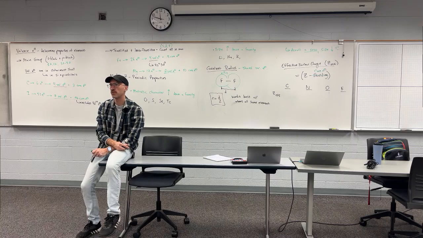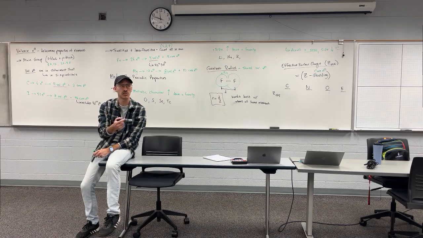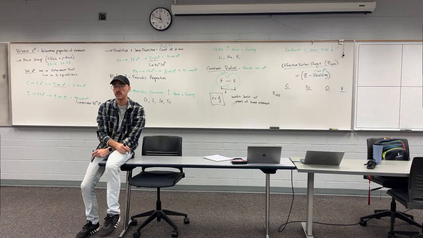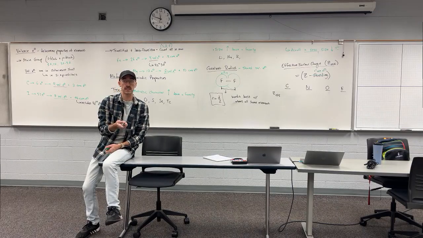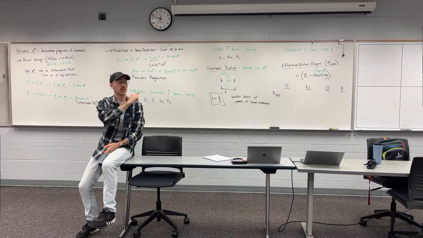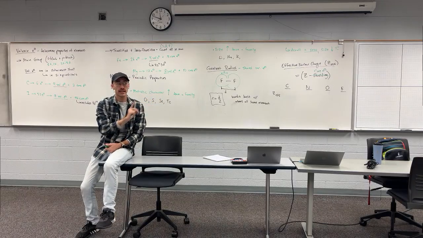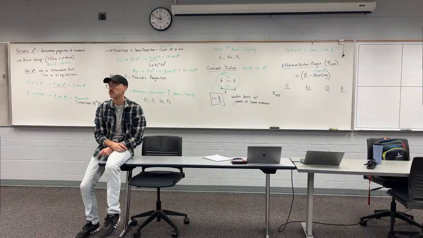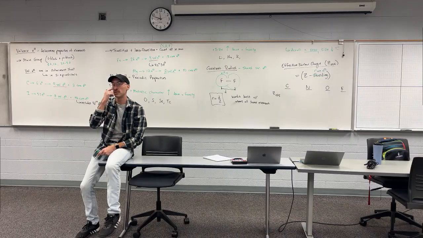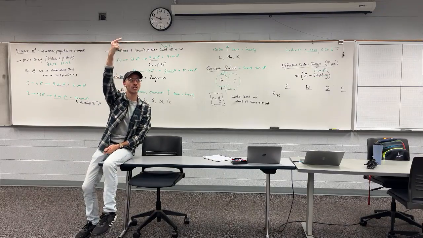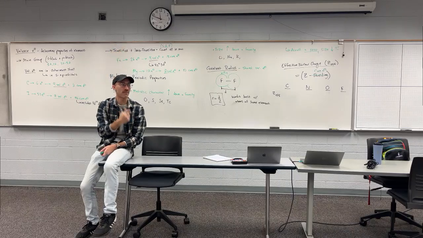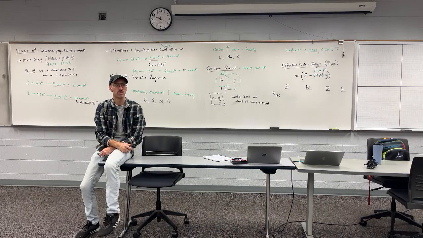Look at your periodic tables. As I move from carbon to nitrogen to oxygen, am I increasing the number of core electrons? Number of core electrons stays the same. The number of valence electrons is increasing, but the number of core electrons for everything in this row is 2. So I'm going to be subtracting an increasingly larger number of protons by the same value, 2.